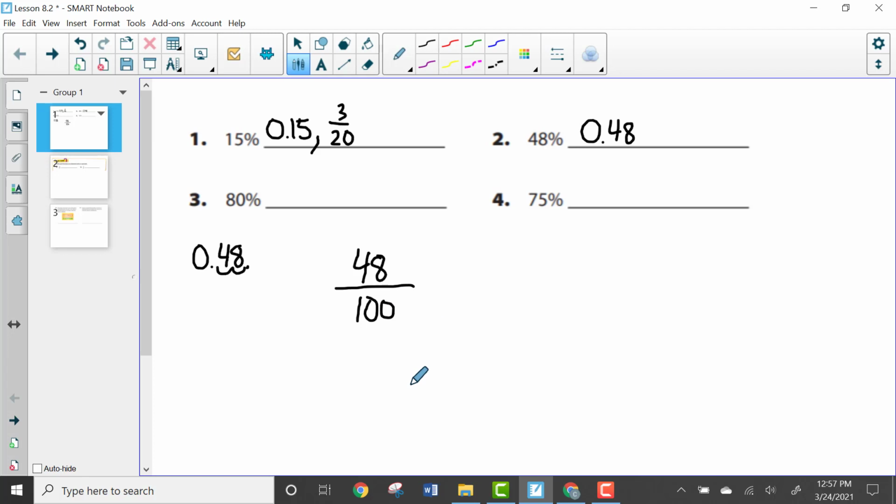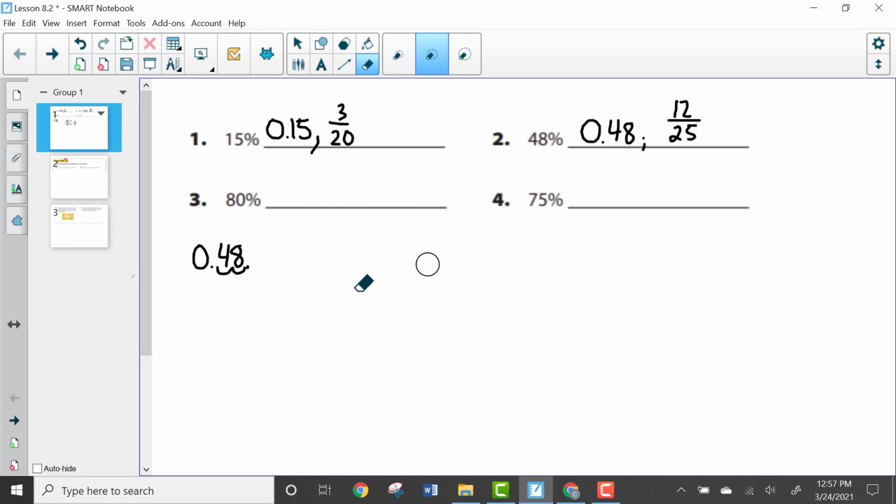When we think about the greatest common factor of 48 and 100, it's going to be 4. So we're going to divide both numerator and denominator by 4. 48 divided by 4 is 12. 100 divided by 4 is 25. So we have 12 25ths for the fraction of 48%.